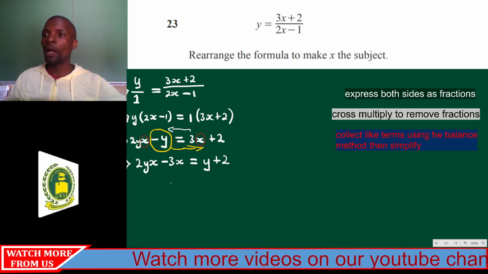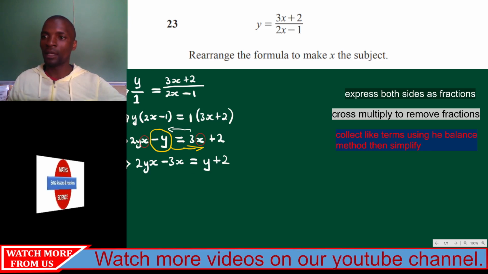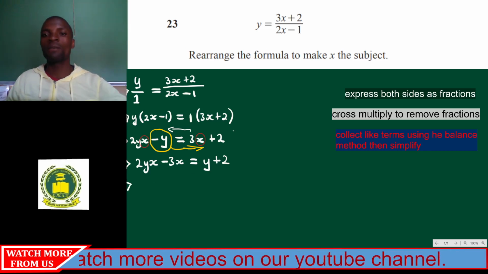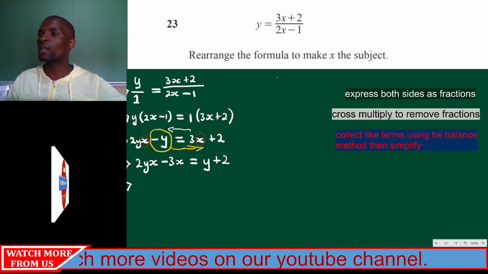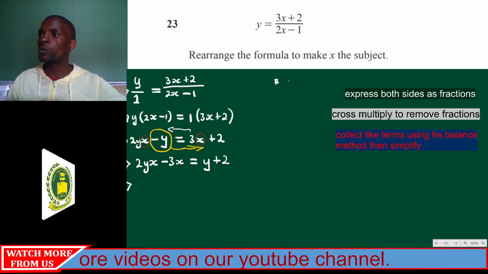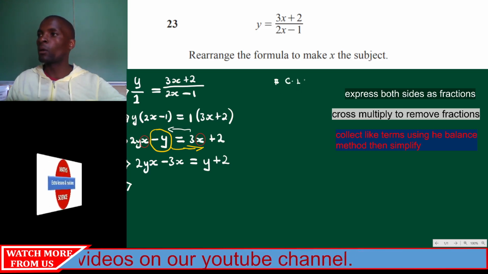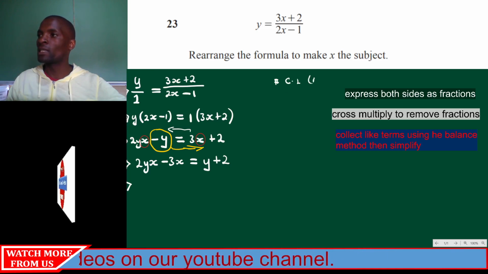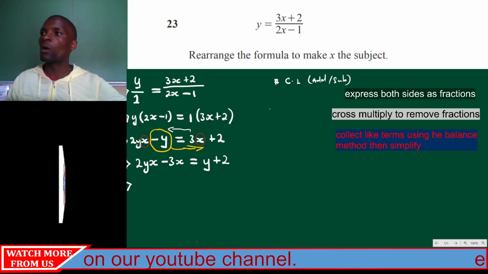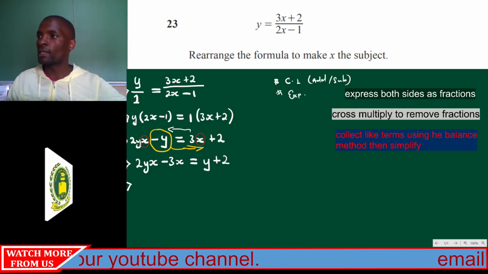That's what you do. Now the next stage after doing this is what they are calling simplifying. So how do we simplify? And I want you guys to notice that whenever they say simplify, they are trying to ask you to reason out whether you are going to do collection of like terms, in other words addition and subtraction, or else you are going to be expanding brackets.